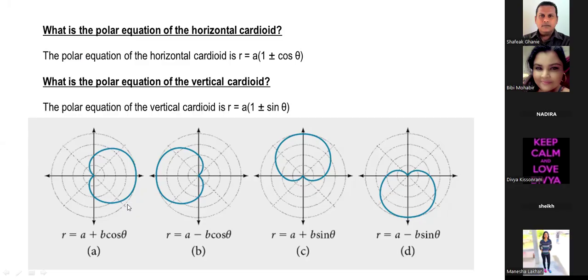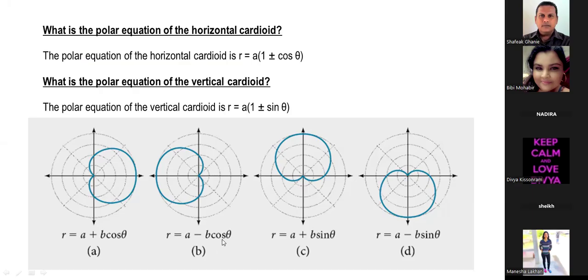The second one is going to the negative side, which is left. So the polar equation of the horizontal cardioid is r equals a plus or minus b cos theta.